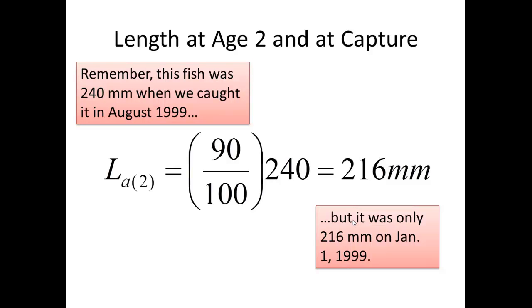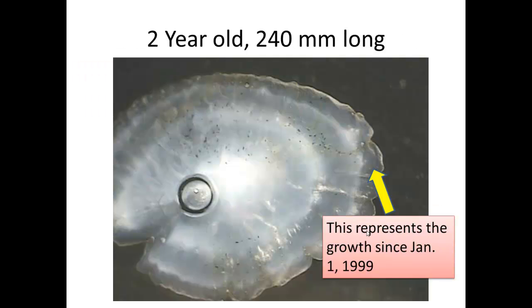And then all those fish grew a little bit during the summer of 1999 before we caught them. So this clear area here represents that growth since 1999. And for this fish, I know that growth was 24 millimeters. And so maybe you can sit and think for a second, how do I know that the fish grew 24 millimeters this year? You think on that.